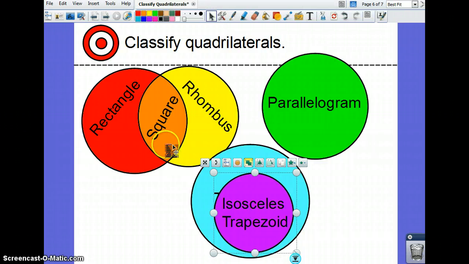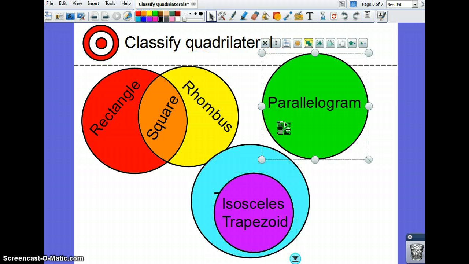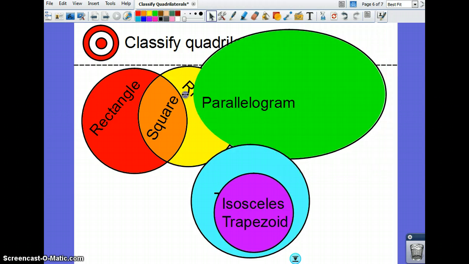Let's think about these up here: a rectangle, rhombus, and square. They are definitely not trapezoids, because they have more than one pair of sides parallel to each other. In fact, they have exactly two pairs of parallel sides, which means that a rectangle, rhombus, and square are all parallelograms. So these should go inside of this one. I'm going to have to make this one much bigger, so I'll extend this out like this.